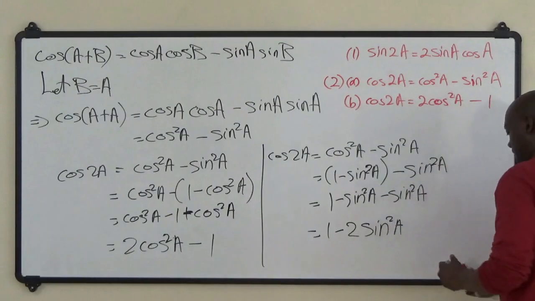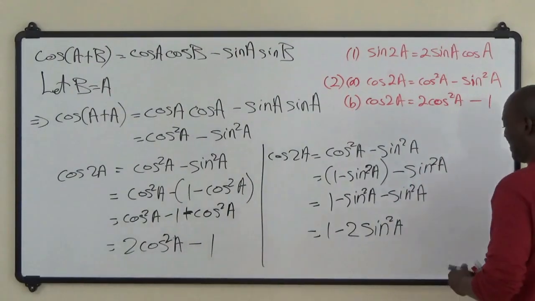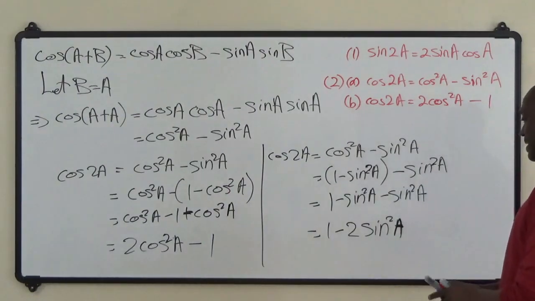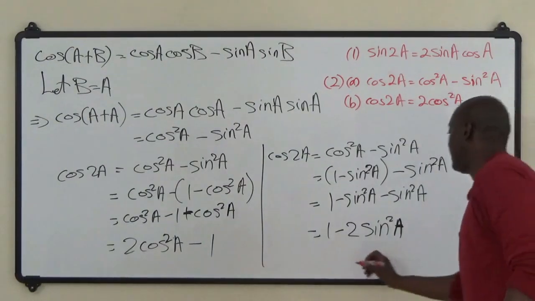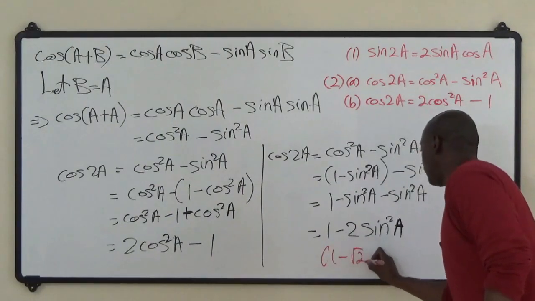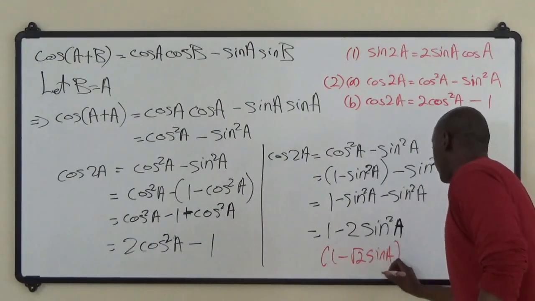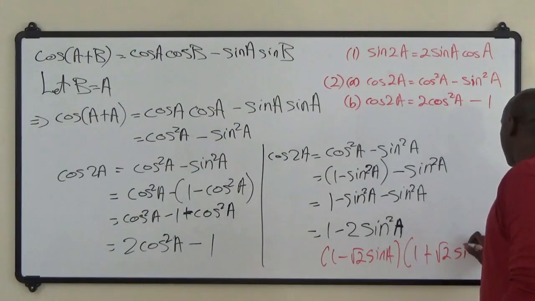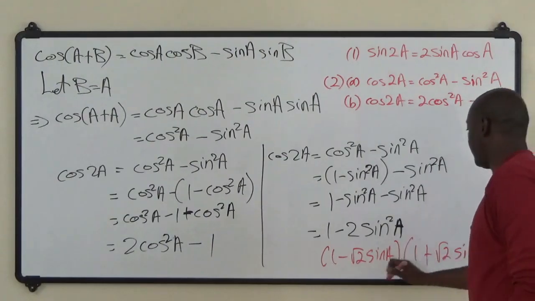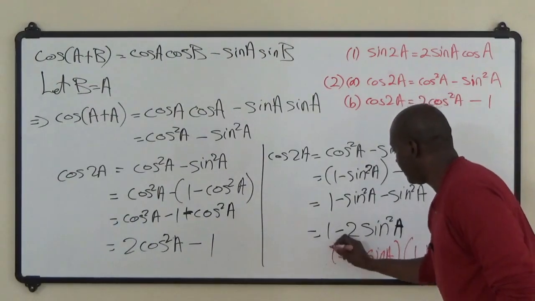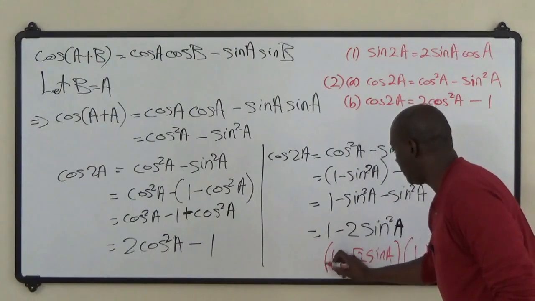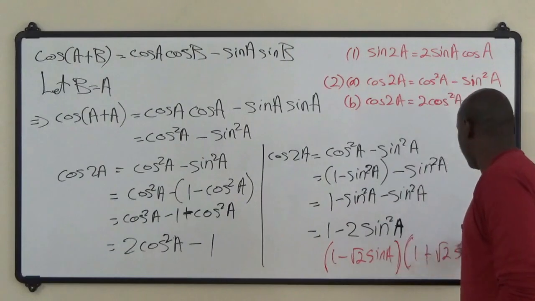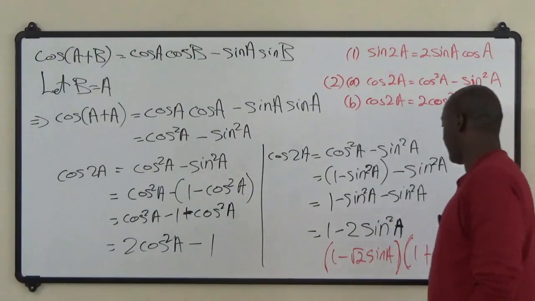All right? And just as we did before, we could express this as a difference of 2 squares by saying that this is equal to 1 minus root 2 sine A into 1 plus root 2 sine A. So in considering the use of the difference of 2 squares, we don't have to limit ourselves only to perfect squares.